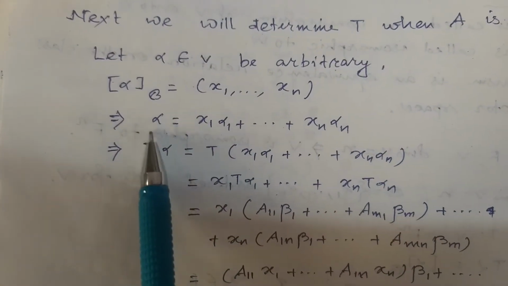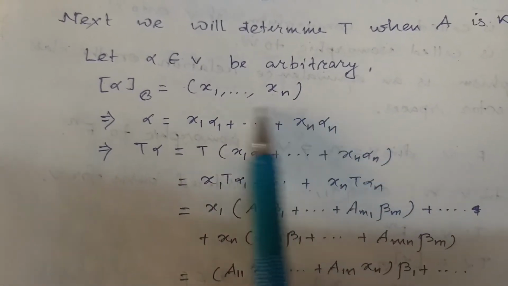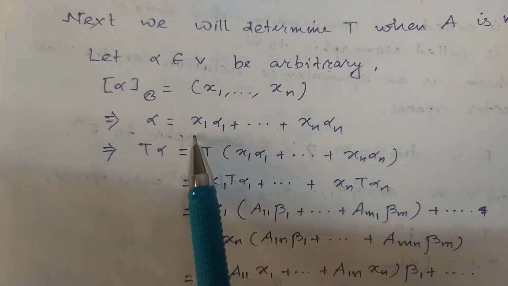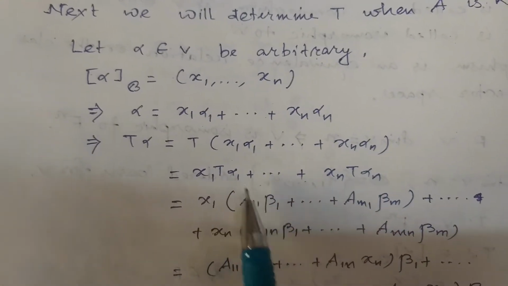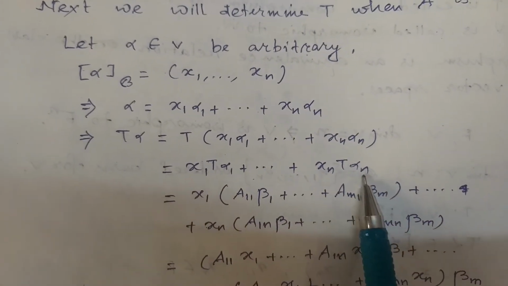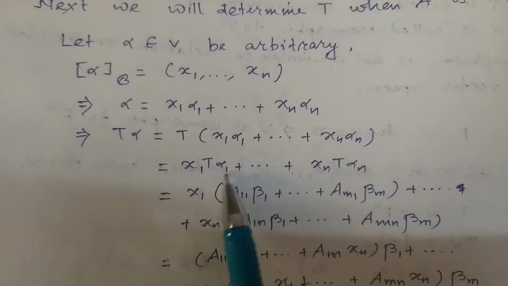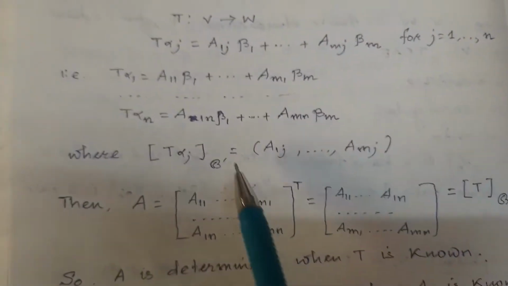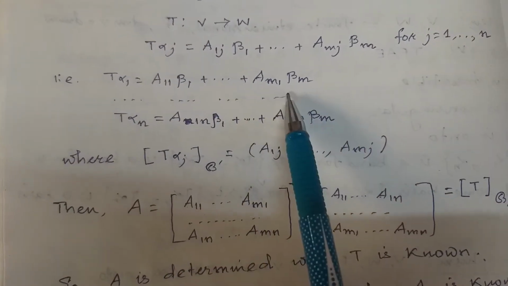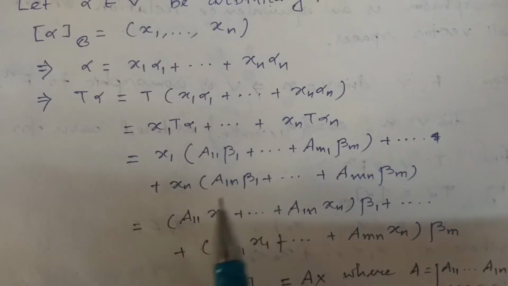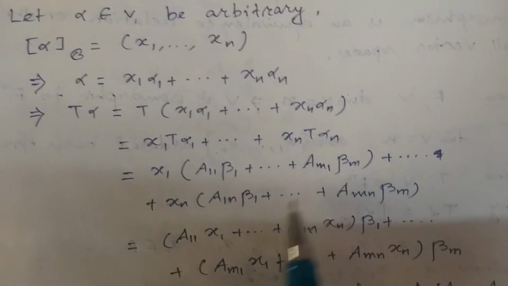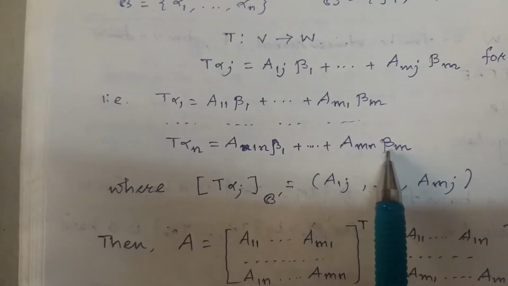That means T of alpha will be T of this. Since T is a linear transformation, T of alpha means x1 T of alpha 1 plus ... xn T of alpha n. Again, T of alpha 1, as we have taken from the matrix, equals this, so we write x1 into this plus ... xn into T of alpha n.